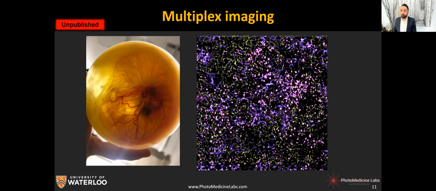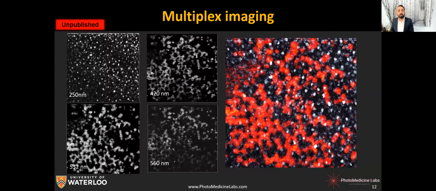He also took this to a very different level and tried again to image this chicken embryo model with 4 different wavelengths: 250, 420, 532, and 560. The 250 nanometer here shows us the cell nuclei, and 420, 532, and 560 show us oxy and deoxyhemoglobin optical absorption.